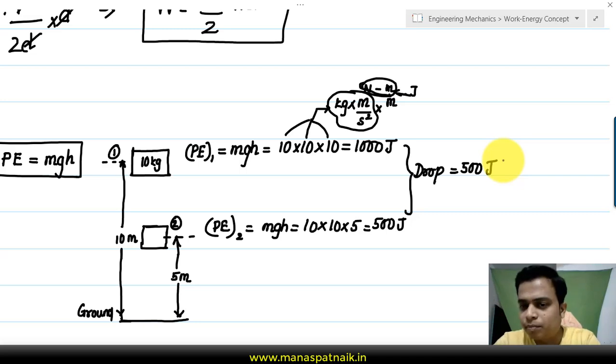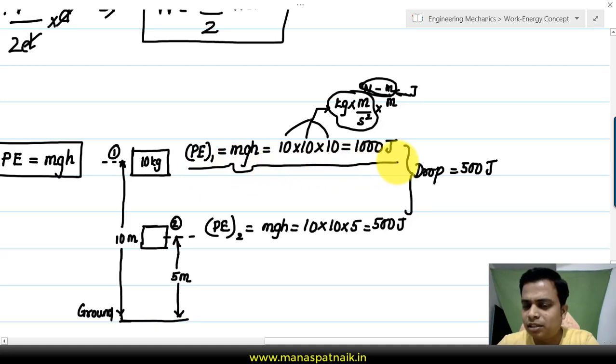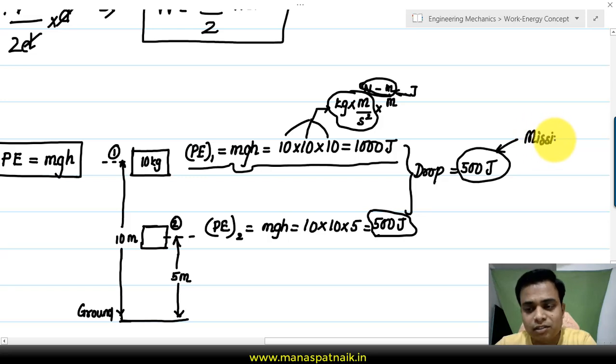It can only change its form, right? So this is pretty strange. Right here, the energy worked out as 1000 joules, and in position 2, the energy has worked out as 500 joules. That means there has been a drop of how much? 500 joules. So where has this gone? This is missing. And this is something that we're going to work out in the next part.